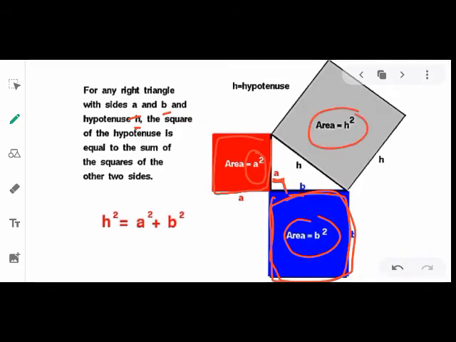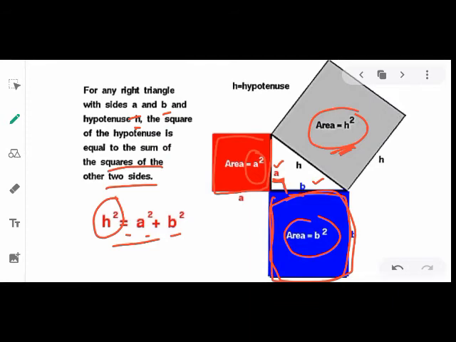Then from here, the formula becomes: hypotenuse square is always equal to A square plus B square. The hypotenuse square is equal to the sum of the squares of the other two sides. This is the Pythagoras theorem.